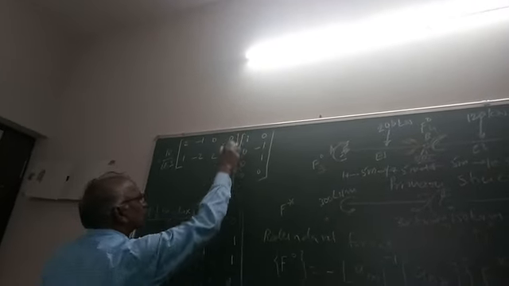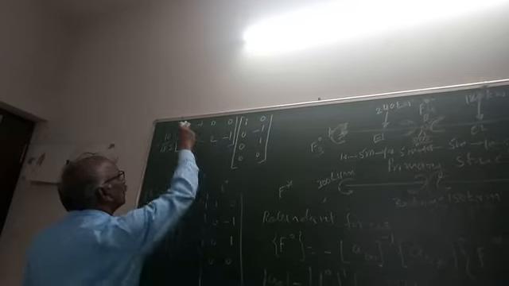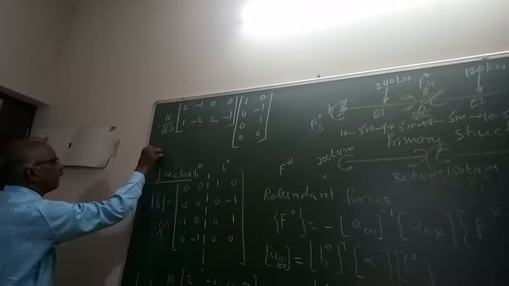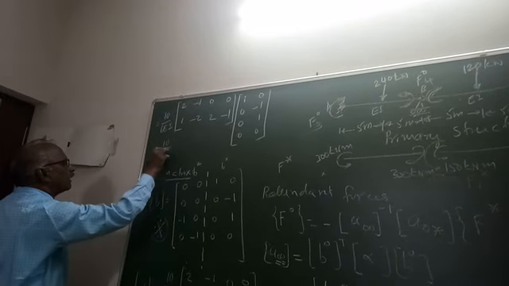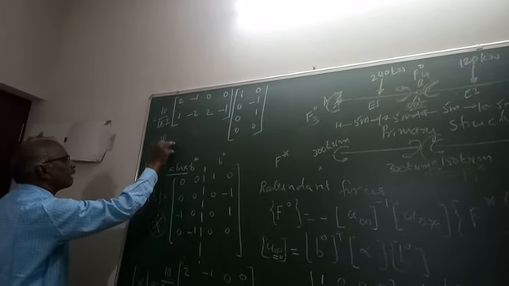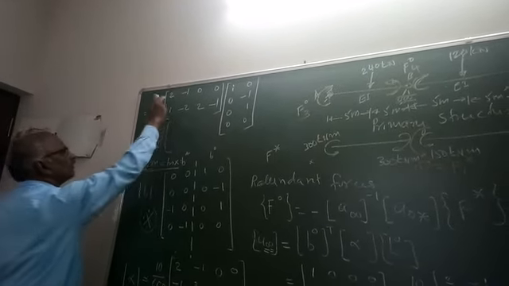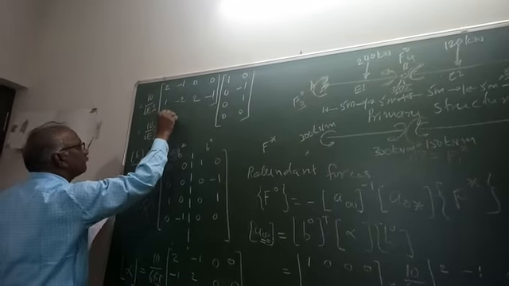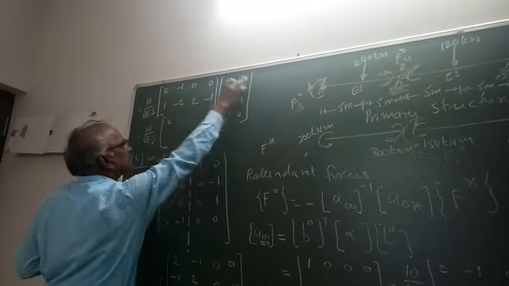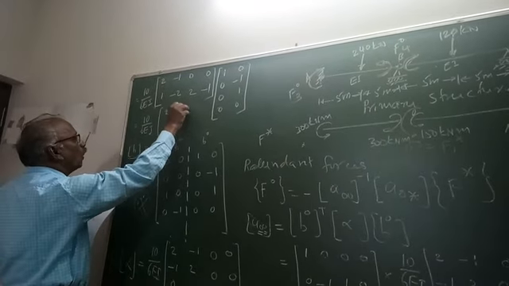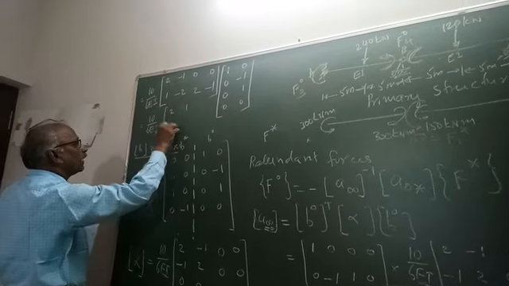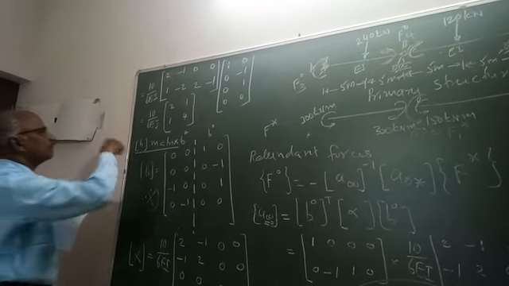Same way, first row, first column gives one value, first row, second column gives the second value. 10 by 6 EI into first row, first column will be 2, first row, second column will be 1, second row, first column will be 1, and second row, second column is equal to 4.